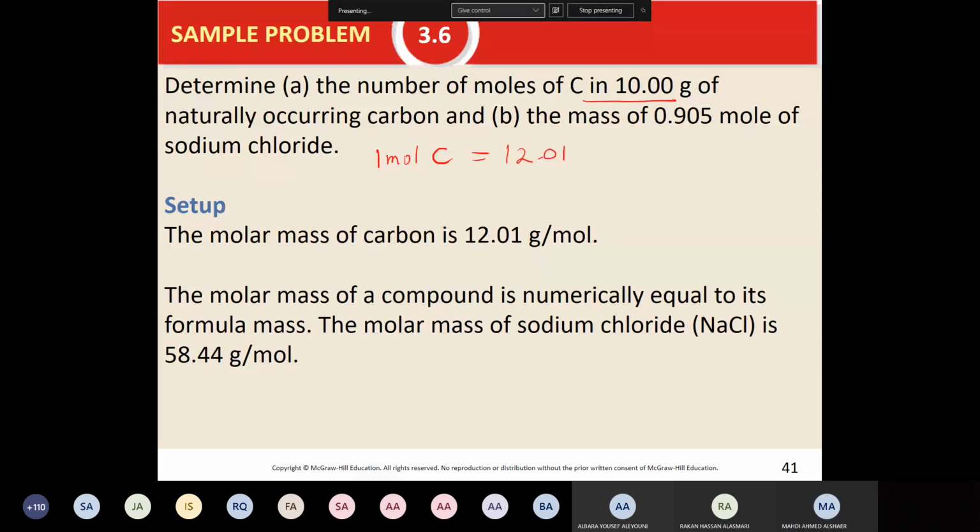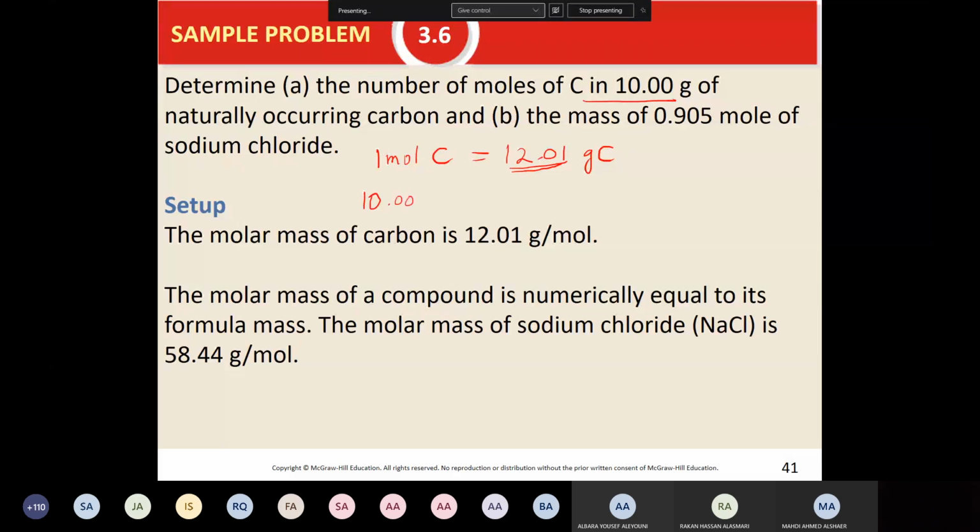From where did you get the 12.01? Periodic table. Good. 1 mole of carbon equals 12.01 gram carbon. All right. If I have only 10 gram carbon, how many moles is this?